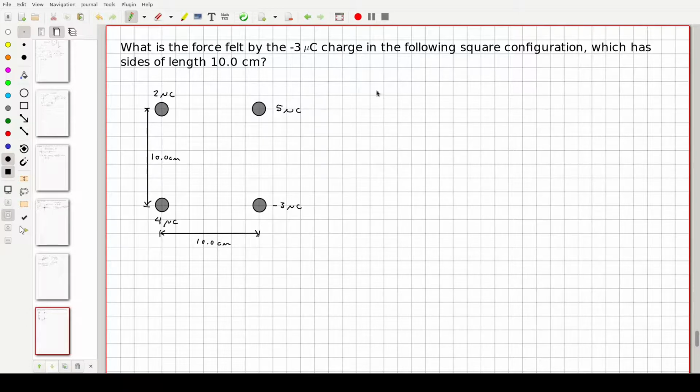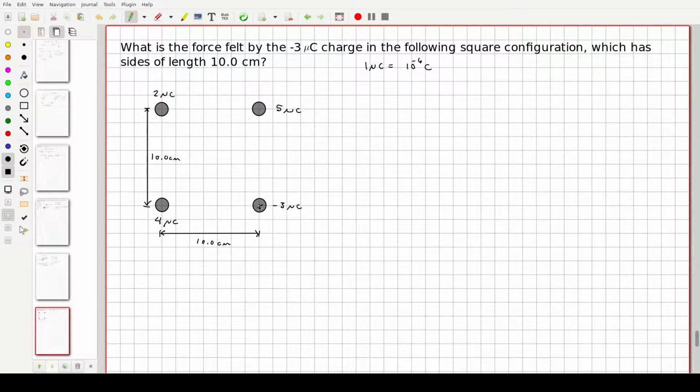Now, just for reference, 1 microcoulomb is equal to 10 to the minus 6 regular coulombs, from a conversion standpoint. And what I'm interested in is finding what the force is on the minus 3 microcoulomb charge, this guy right here.